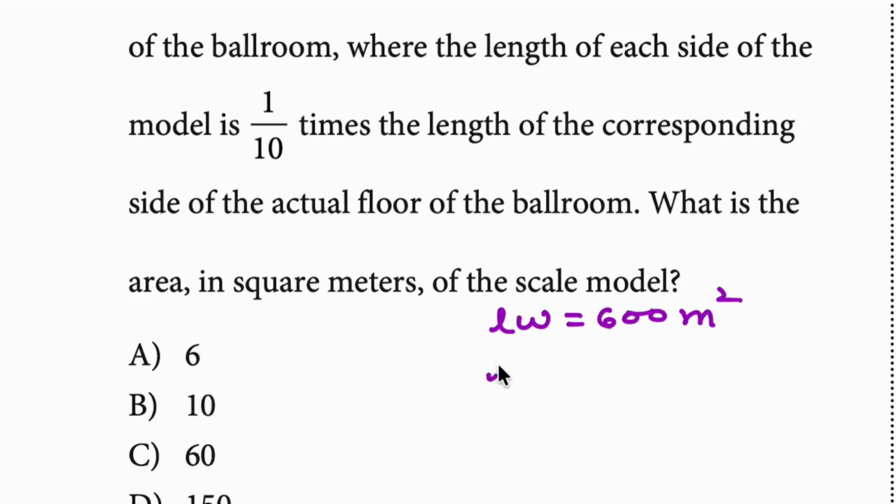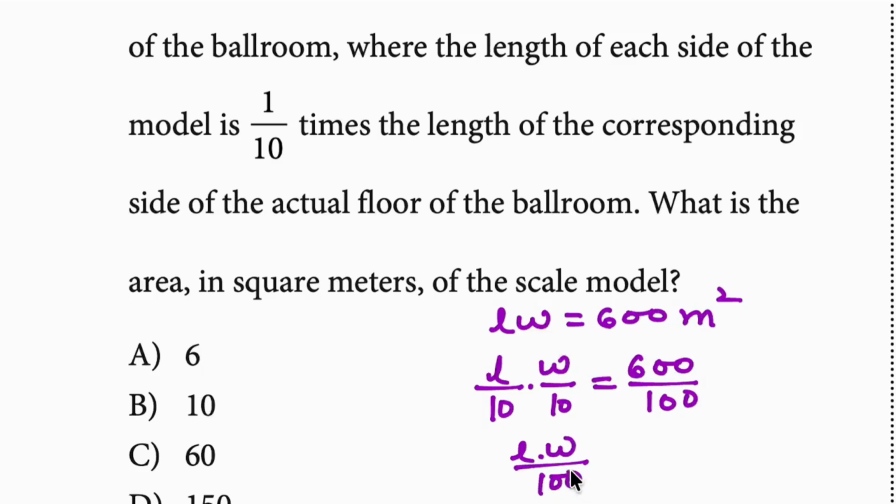That means length is 10 times and width is 10 times, right? So if you are doing it on the left hand side, you have to do it on the right hand side too. So that means here it is 100 and here it will be 6 meters squared. 6 meters squared is the answer.